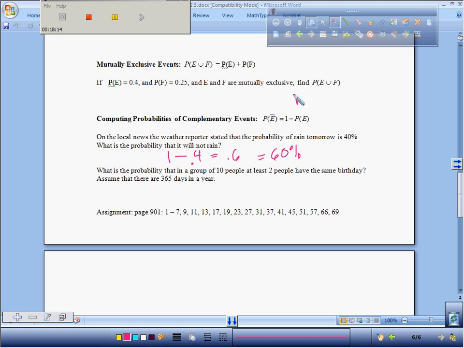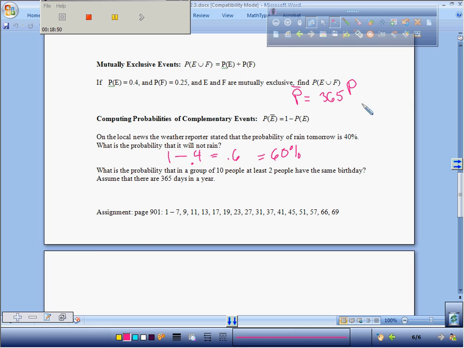The way you would figure that out is the probability that people do not have the same birthday, which would be 365 permutation, however many people are in the class. How many people are in the class? 28, including myself.